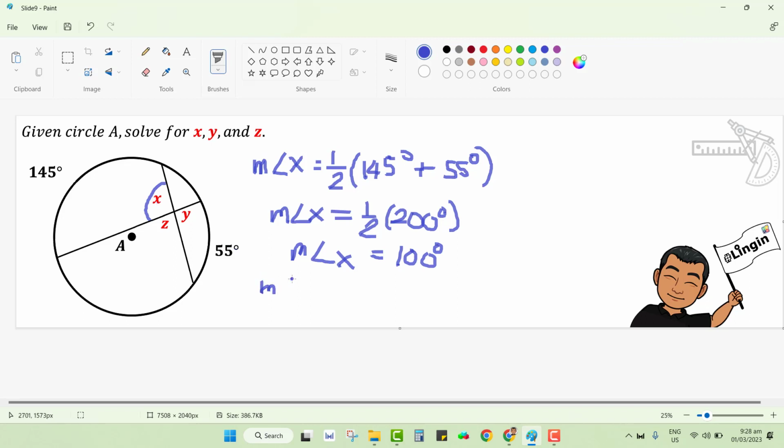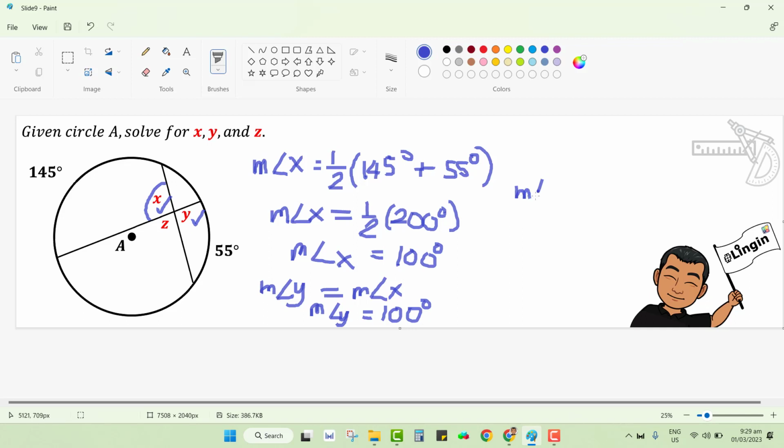So the measurement of angle y is the same as its vertical angle x, which is 100 degrees. If you would like to, you can check it using this formula: you change this to y, add the same measurements of arcs, and you will still get 100 degrees. So two unknown measurements are now given.